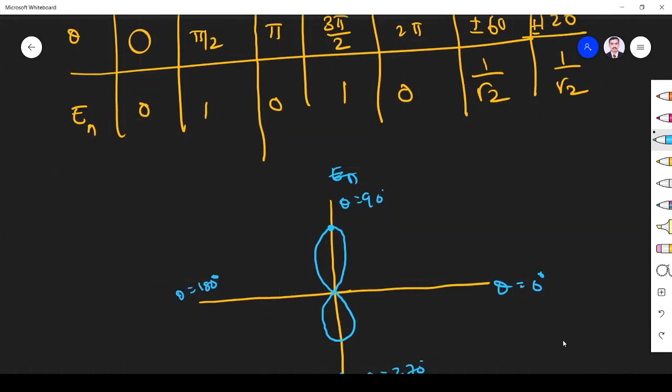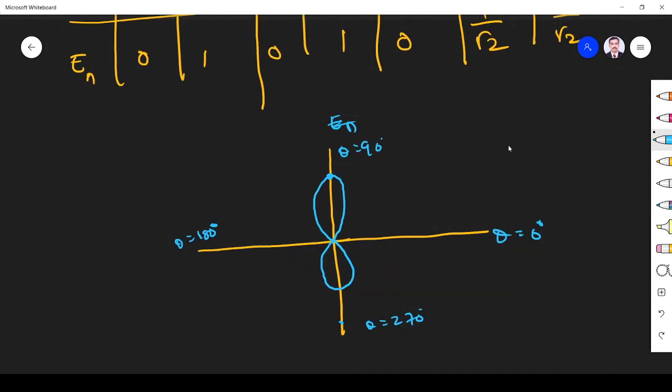Why you see here, when theta, okay, I'll draw somewhat bigger, then only it is easy to realize. Somewhat big we need.